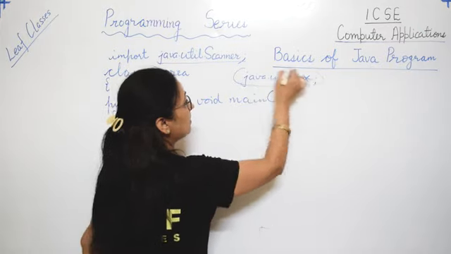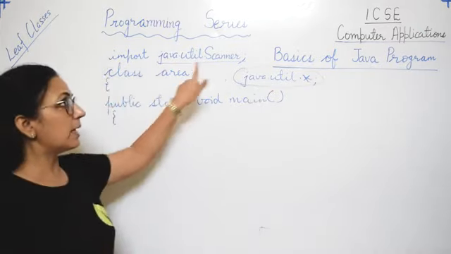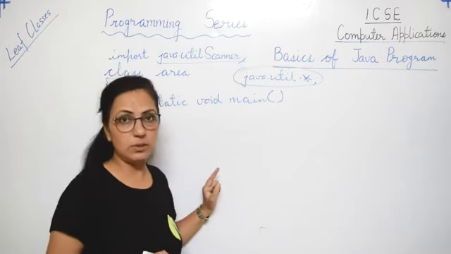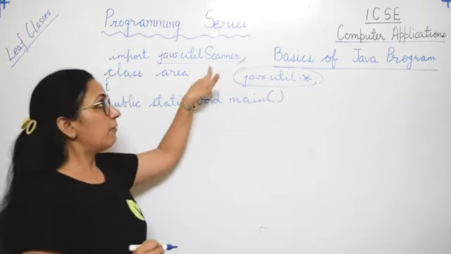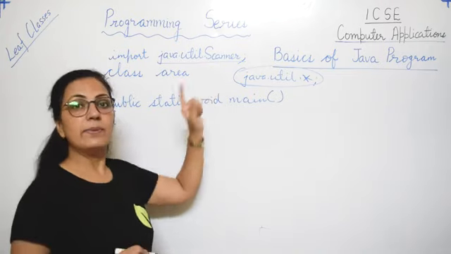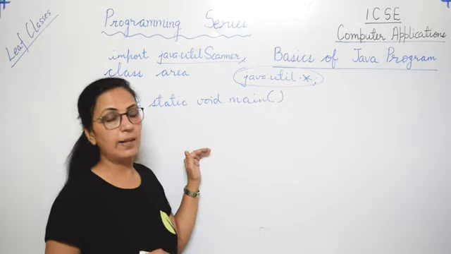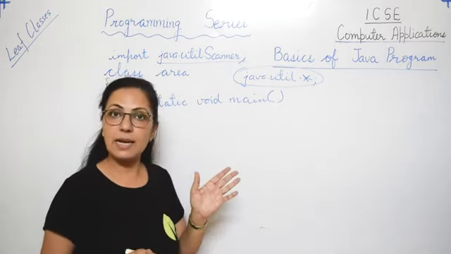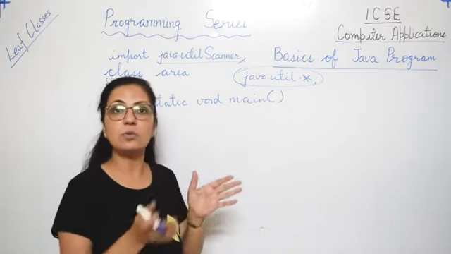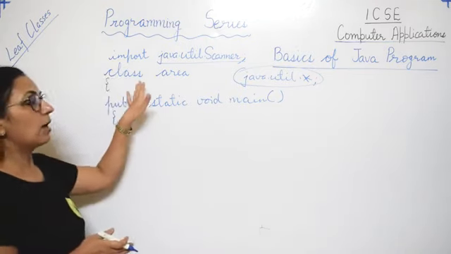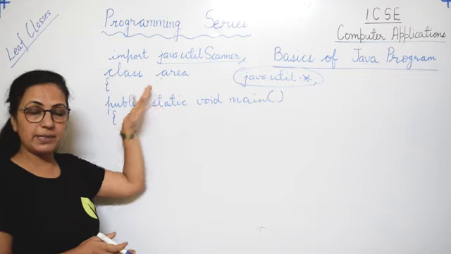So this means that all the classes of the util package are available to this program. And here if we write .Scanner, that means the Scanner class is available to this program. Now why do we include this class? So that we can use the functions which are available in this particular class. Then your class name will remain the same.